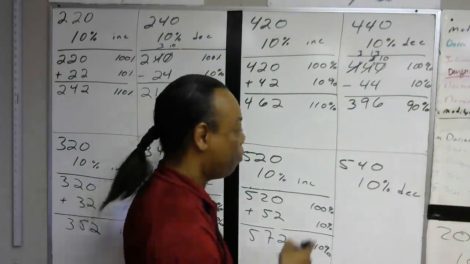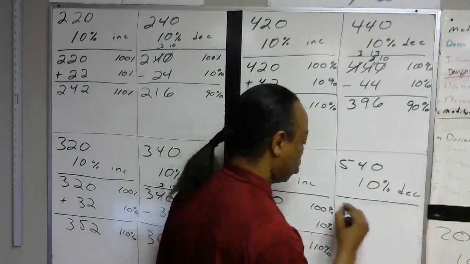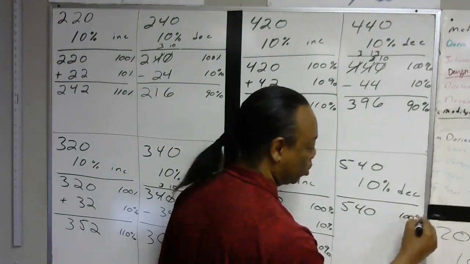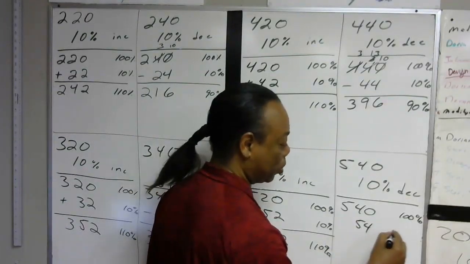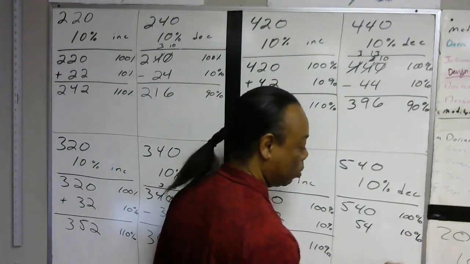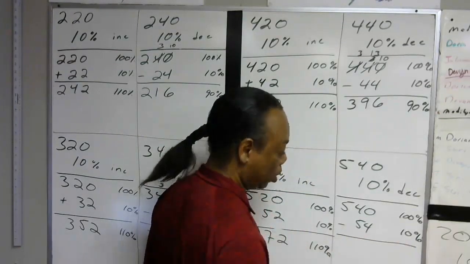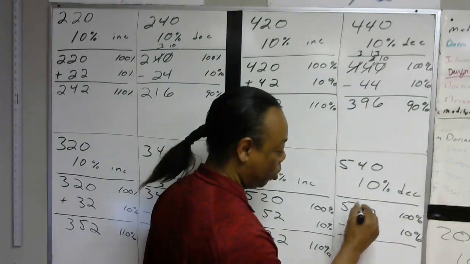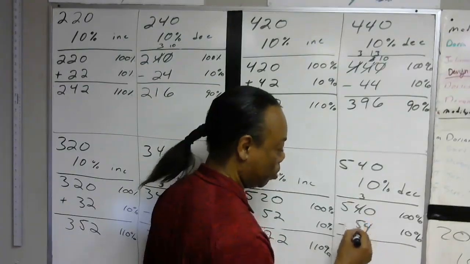And finally, 540 with a 10% decrease. Well, 540 represents 100%. And 54 represents 10%. We'll subtract these, and we cannot take 4 from 0, so we'll borrow from 4. This now becomes a 3.